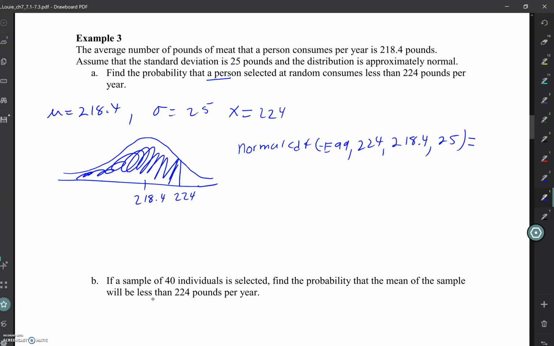So what does that give me? 0.5886. All right.